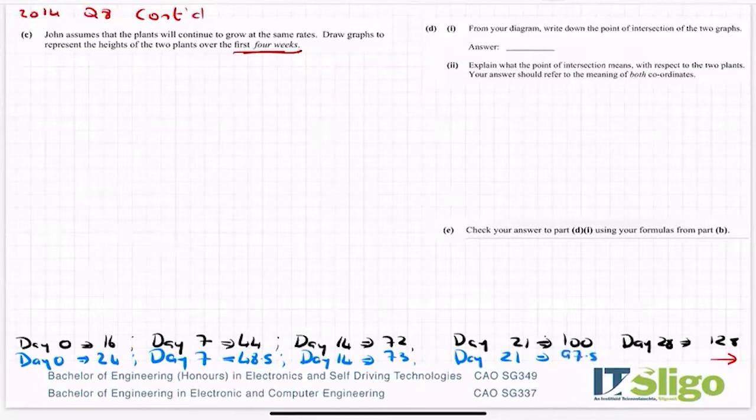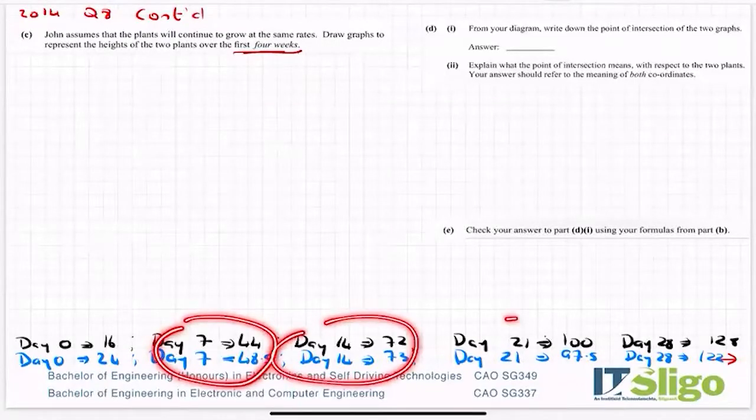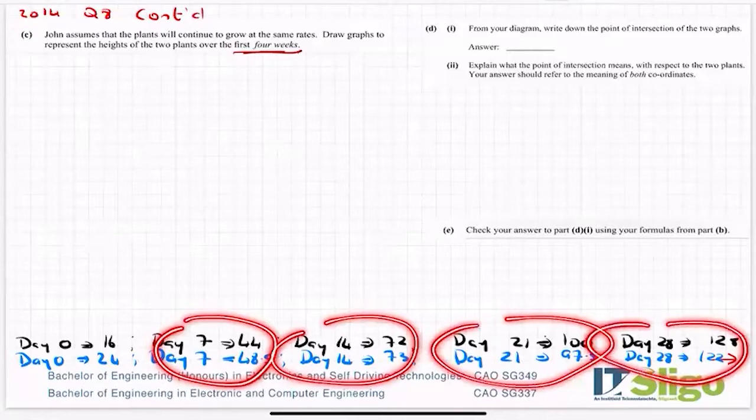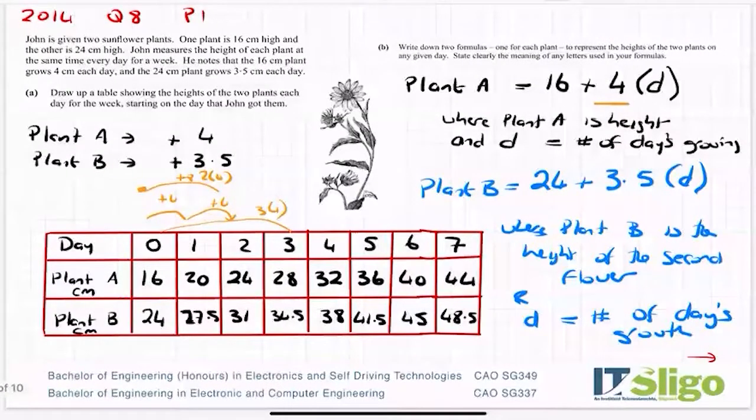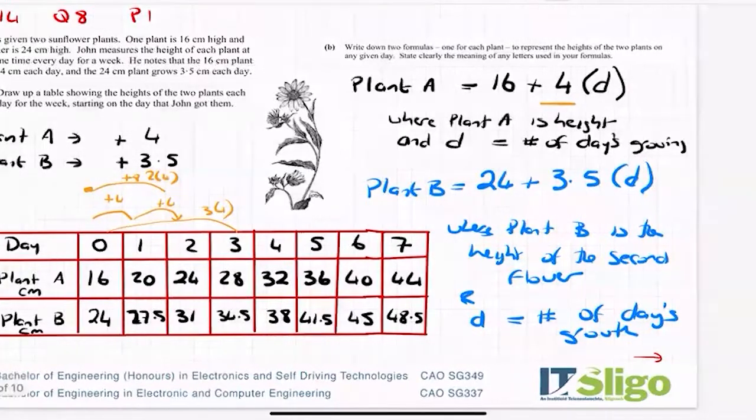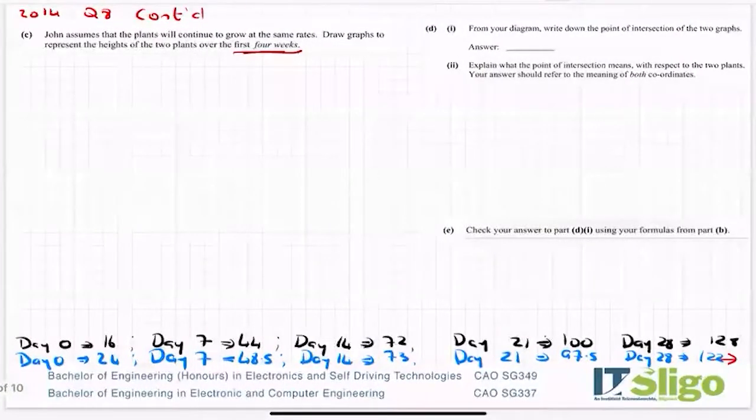And at day 28, I would be 122. Okay, so 4 weeks. I've just picked weeks, going up in weeks. Okay, and I got these values from our formulas that we created a while ago. Okay, so that's what I need to plot.